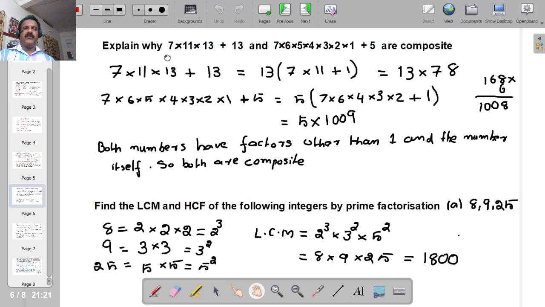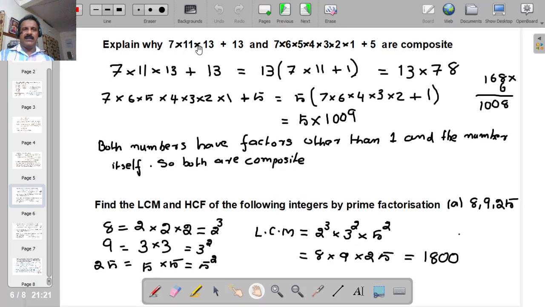So consider the first number, 7 times 11 times 13 plus 13. This is the first term and this is the second term. From the first two terms we can take 13 outside. 13 is the common factor. So it is equal to 13 times (7 times 11 plus 1), which is equal to, we know that 7 times 11 is 77, plus 1 is 78.